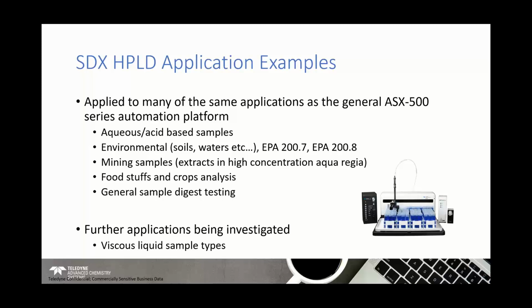So that could be applicable to typically aqueous acid-based samples. It's certainly applicable to environmental samples in environmental laboratories, so soil digests, waters, etc. It will meet the criteria for EPA 200.7 and EPA 200.8.